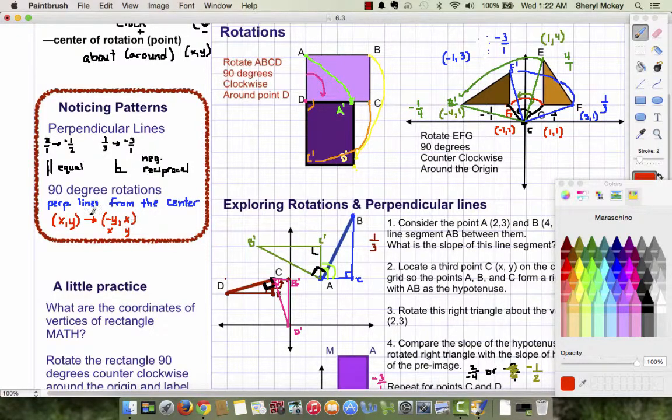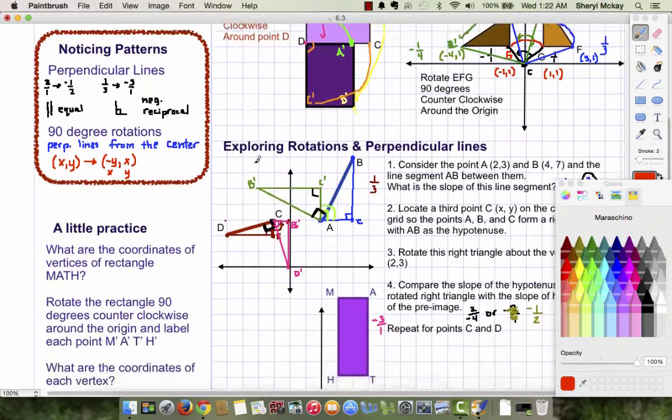It's like these two flipped places, and the y became a negative version of it. If that doesn't make sense to you, you can do a few more, but that's just a little shortcut that helps you to think about plotting those points.